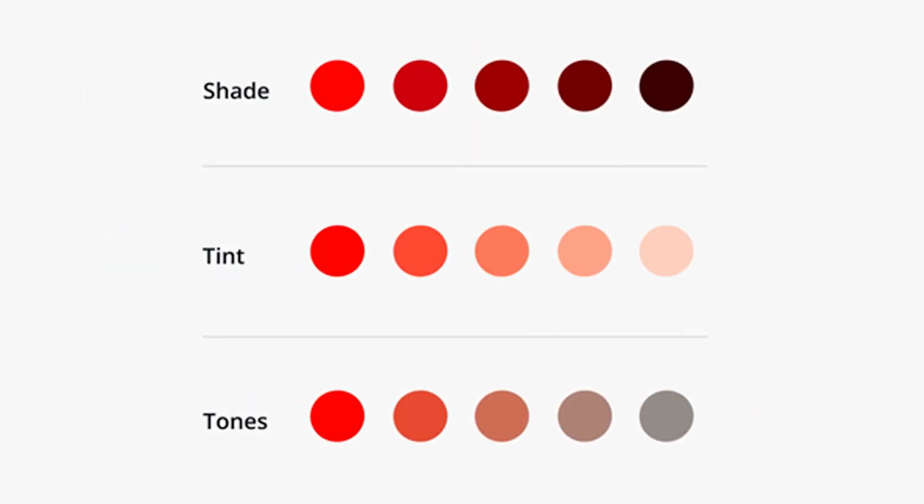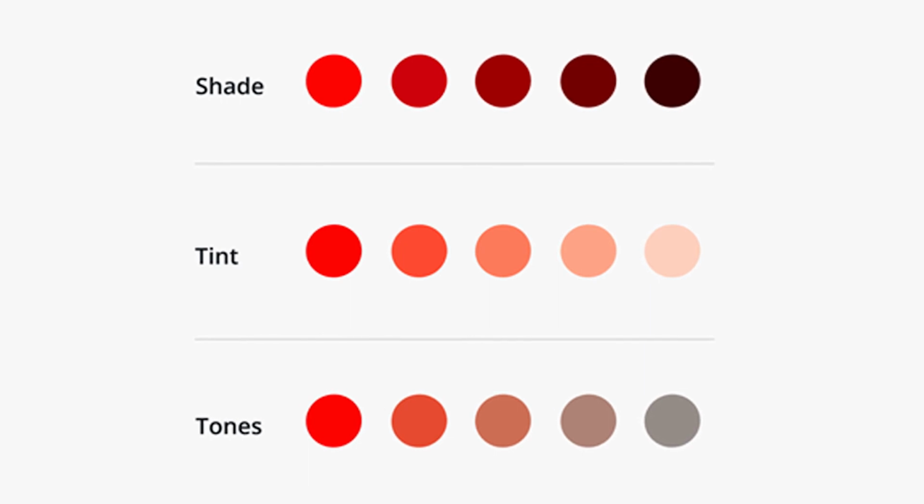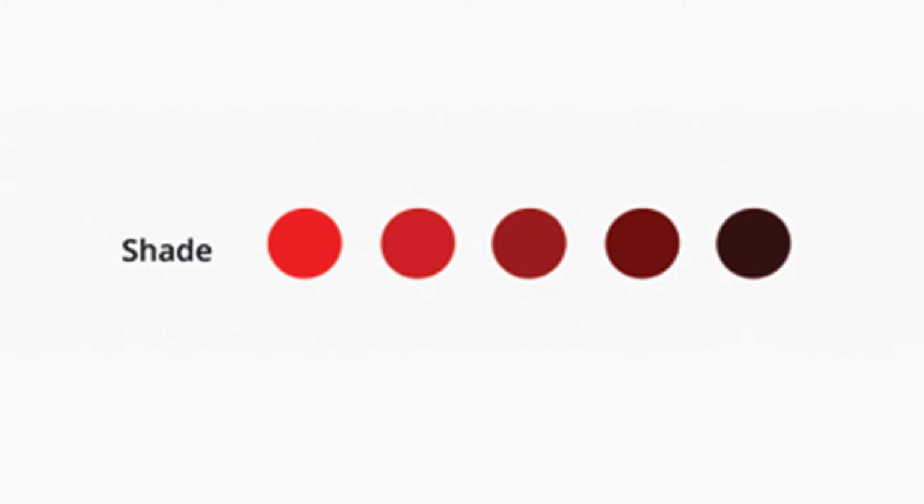Shades, tints and tones. You can create shades, tints and tones of a color by adding black, gray and white to a base hue. Shade. A shade is created by adding black to a base hue, darkening the color. This creates a deeper, richer color. Shades can be quite dramatic and can be overpowering. Tint. A tint is created by adding white to a base hue, lightening the color.